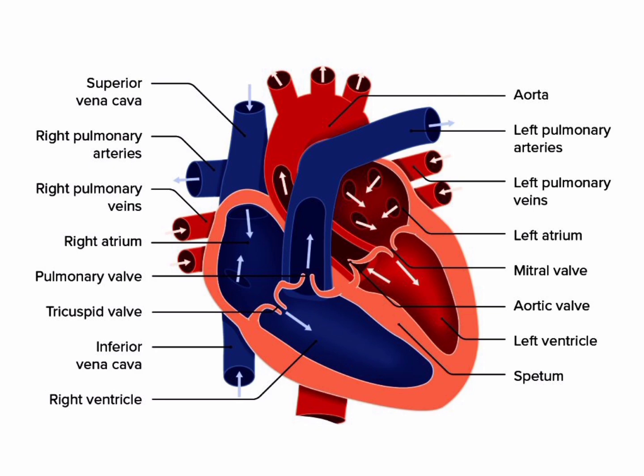The right and the left region of the heart are separated by a wall of muscle called the septum. The right ventricle pumps the blood to the lungs for reoxygenation through the pulmonary arteries. The right semilunar valves close and prevent the blood from flowing back into the heart. Then, the oxygenated blood is received by the left atrium from the lungs via the pulmonary veins.